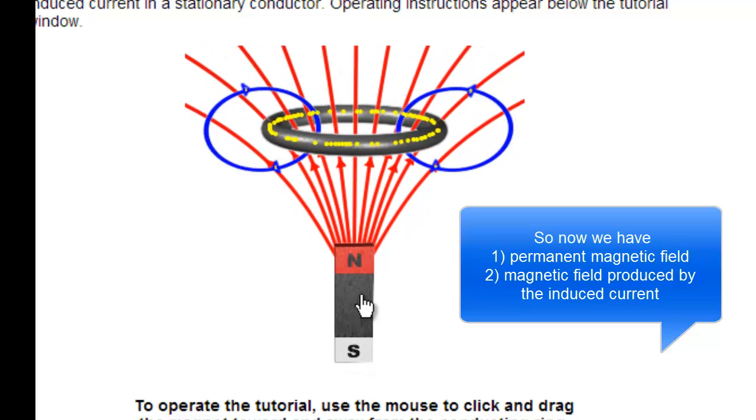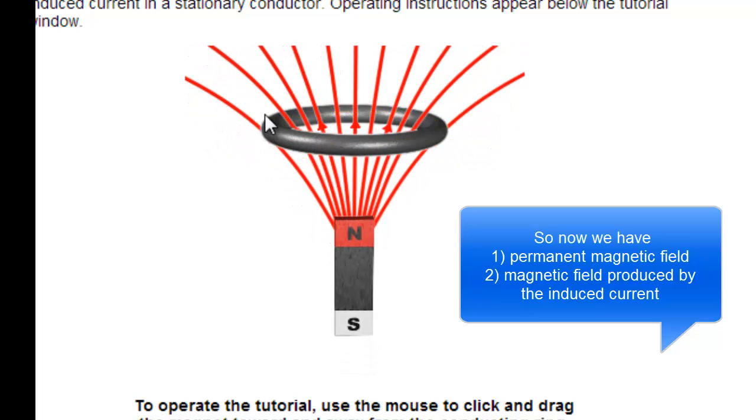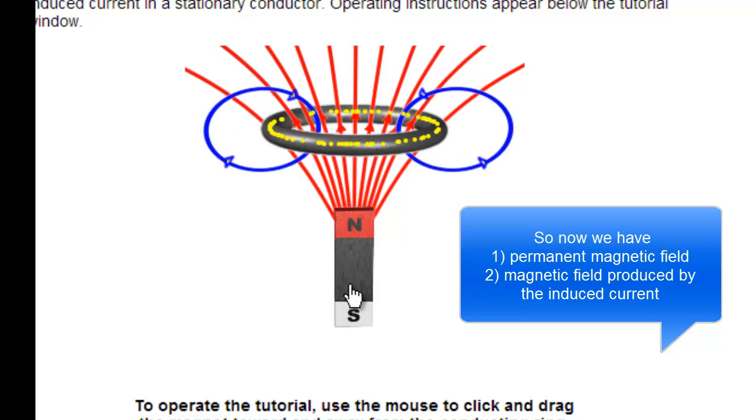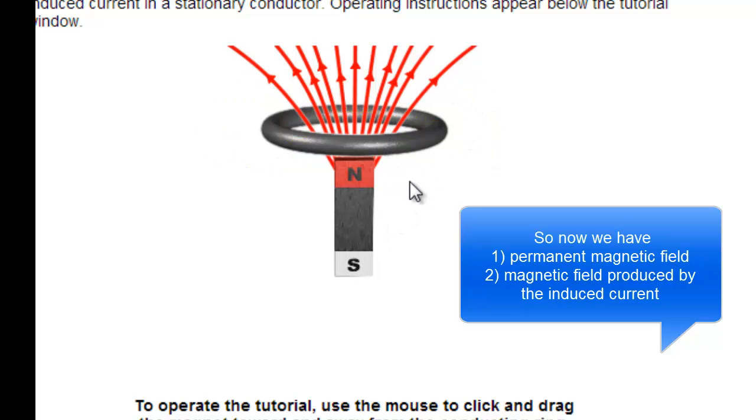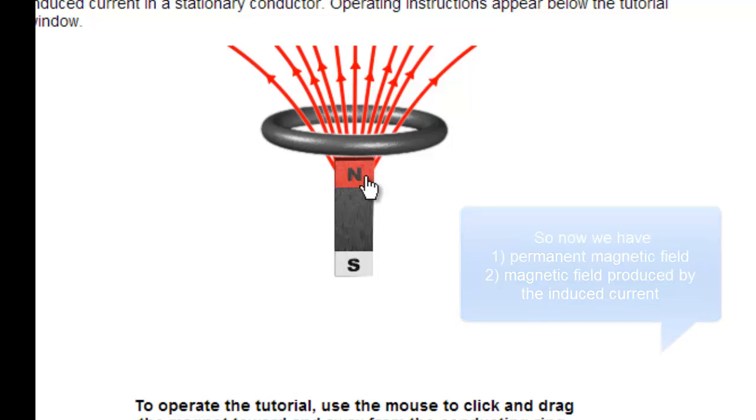In other words, if the north is moving in, the current will flow in such a direction that it will try to make this side north as well, which will try to oppose the arrival of this north. So if you watch carefully, as it moves in, the magnetic field lines travel this way, anti-clockwise there, clockwise there, which means they're trying to make this into a north of this coil that will reject that north.